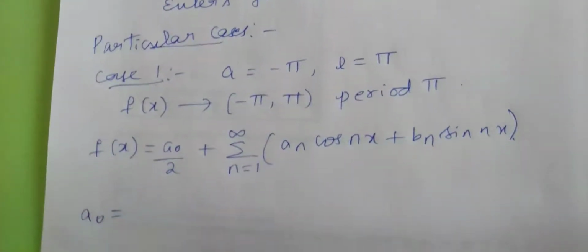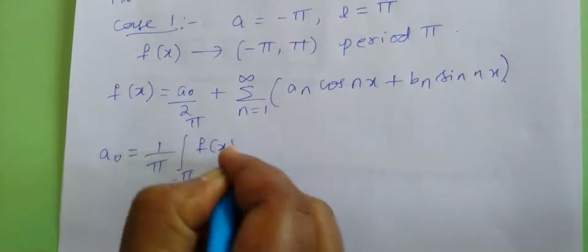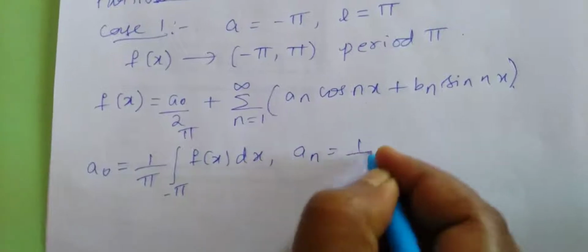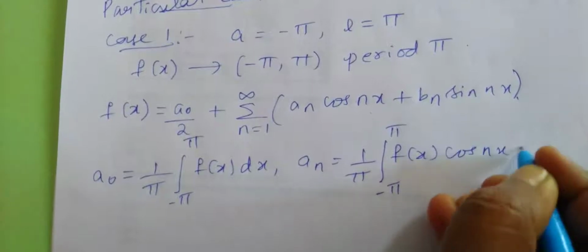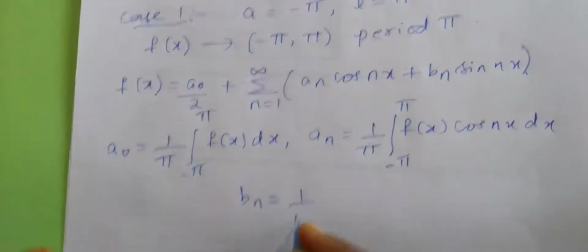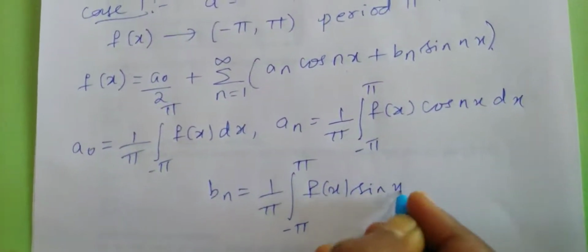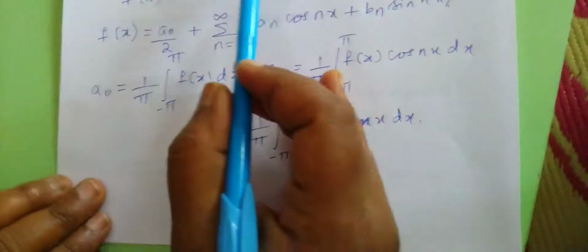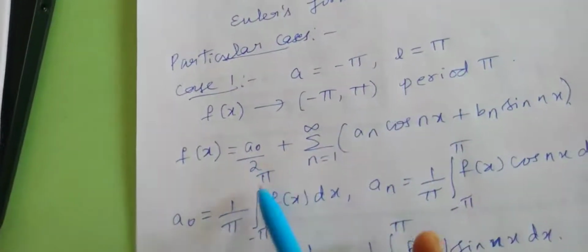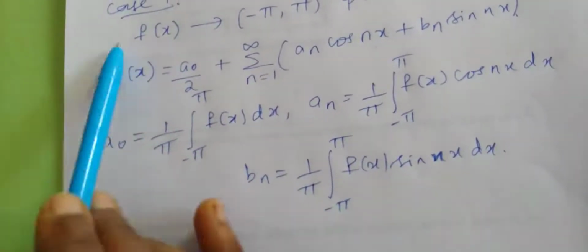And the Euler's formulae are: a0 is 1 by pi integration from minus pi to pi f(x) dx, an is 1 by pi integration from minus pi to pi f(x) cos nx dx, and bn is 1 by pi integration from minus pi to pi f(x) sin nx dx. So in case 1, a is minus pi and L is pi, we saw how the interval changes and found the Euler's formulae.